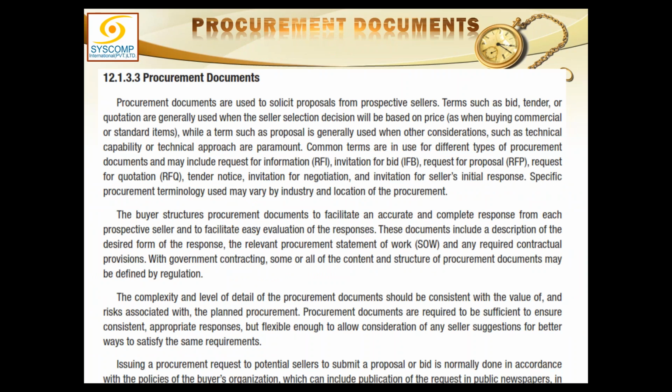And then based on that procurement statement of work, we will develop the requisite procurement documents, which could be, as I said before, request for information, invitation for bid, request for proposal, request for quotation, tender notices, invitations for negotiation, invitation for sellers, initial response, and there could be more.